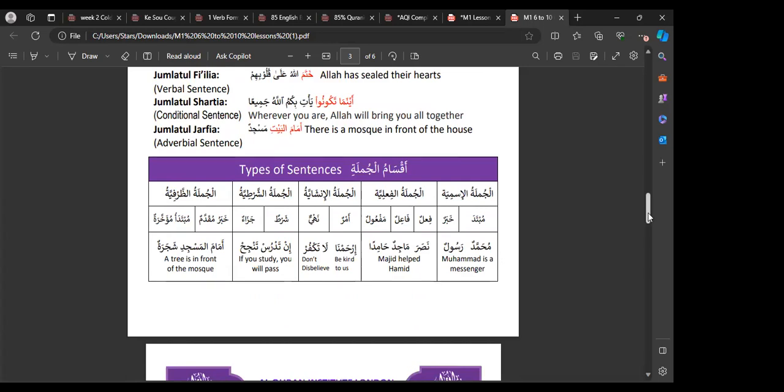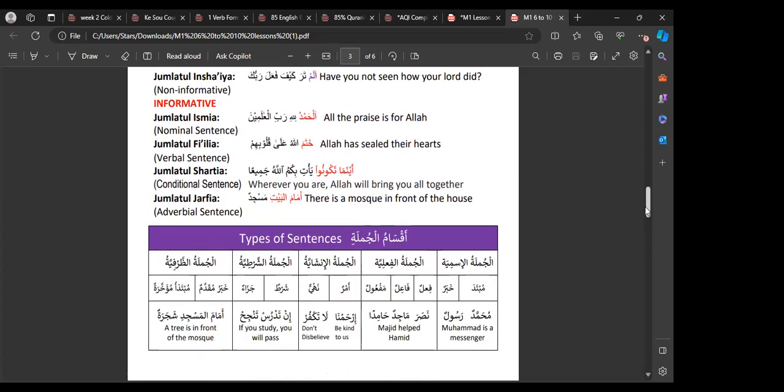I believe that's it for this lesson. The takeaways from this, I would say if you memorize the first two boxes, Jumlatul Ismiyah and Jumlatul Fi'liyah, this is enough for this lesson at the moment. The rest is just good to know, your first introduction.